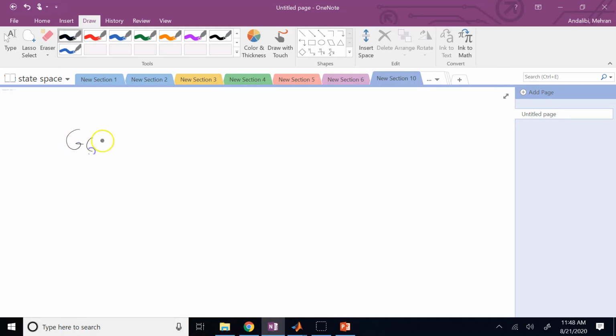G of s is equal to y of s over u of s, and it is equal to 1 over ms squared plus bs plus k. Numerator does not have anything, it's just 1, but the leading term of the denominator is not 1, it's m.